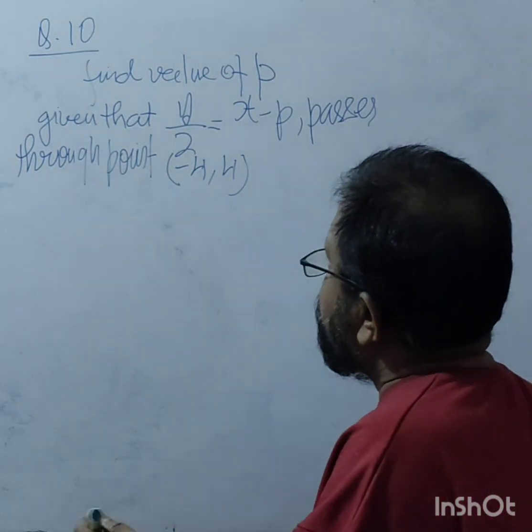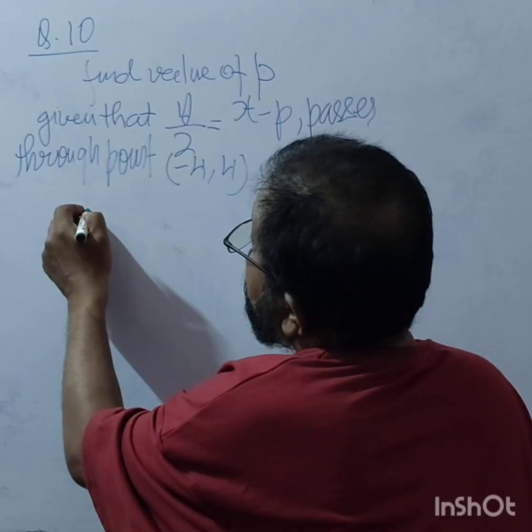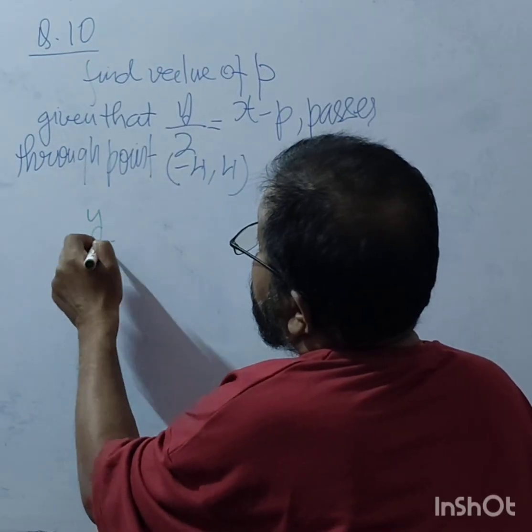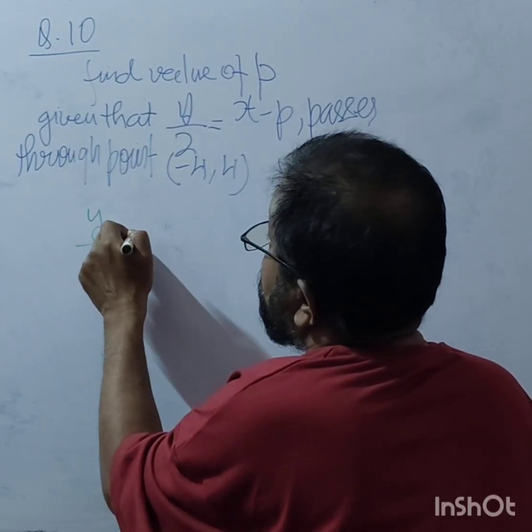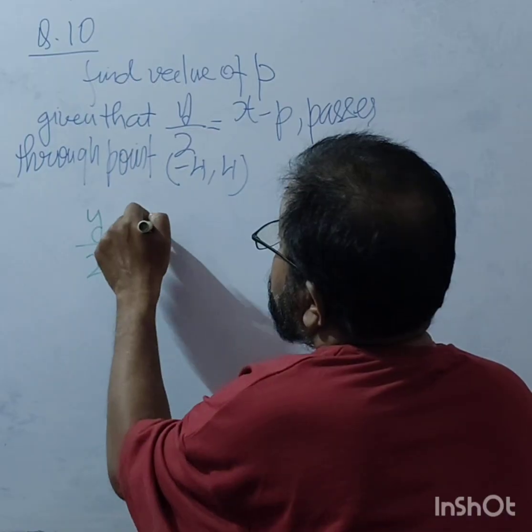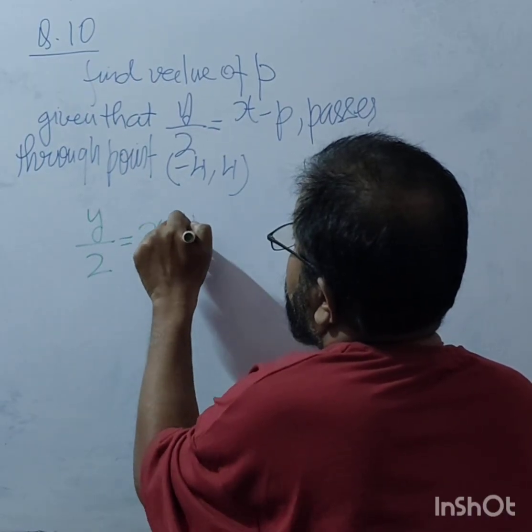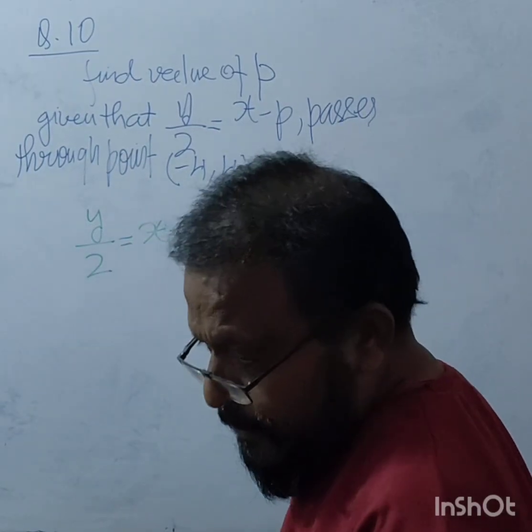What do you do? You write here y upon 2 is equal to x minus p, right?